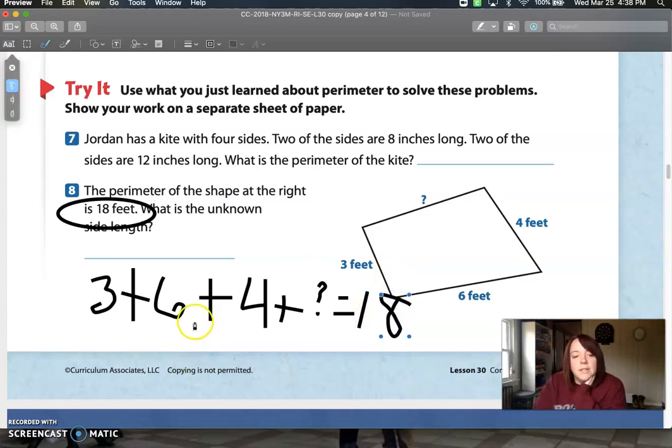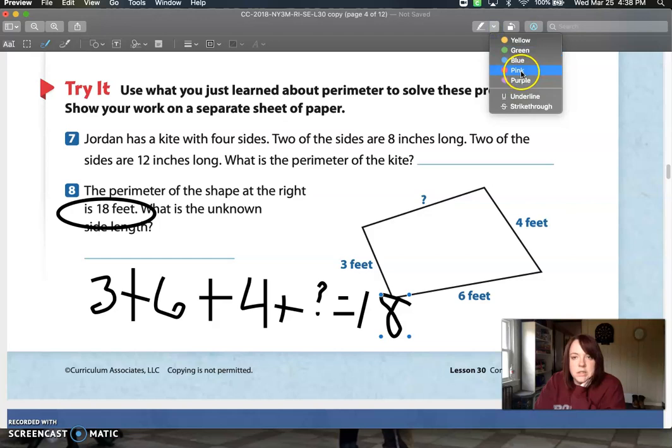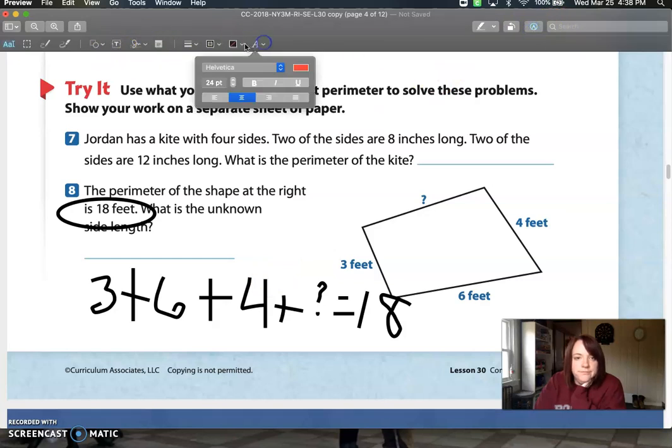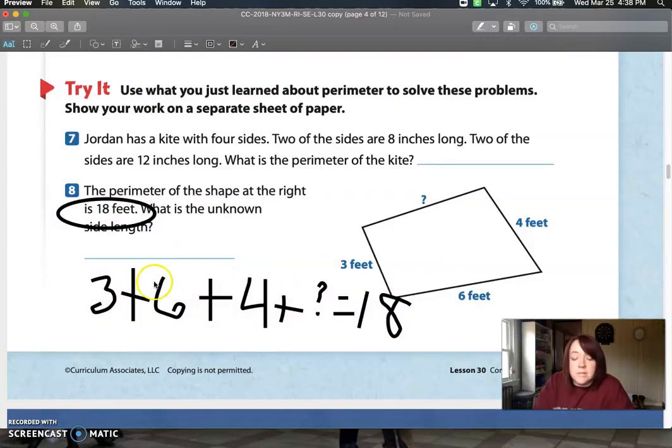So now we need to do, let's see. So 6 plus 4, I wonder if I can change this color. Well, it's not going to let me. So we'll just stick with it. Okay, so 6 plus 4 is 10.